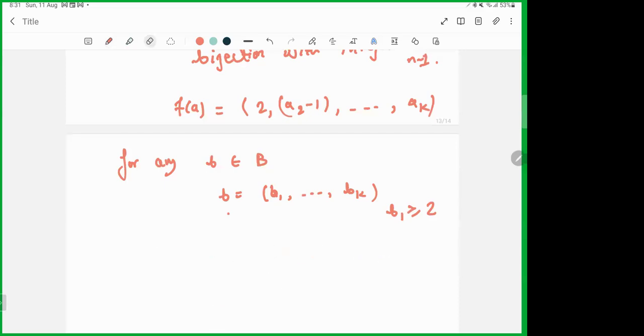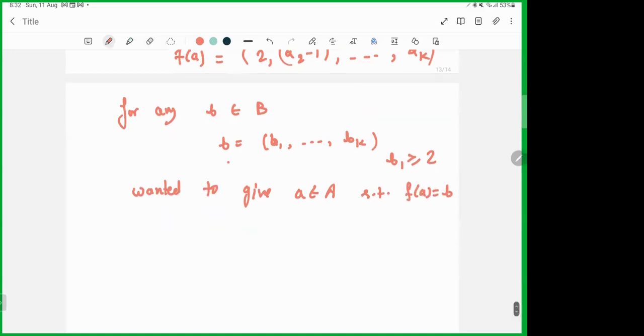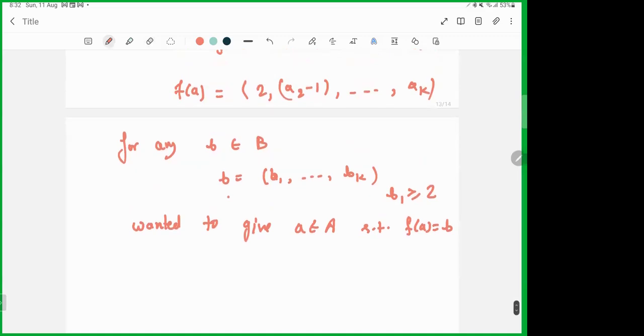So I have to give some A of the form such that f of A is B. I want to give an A belonging to A such that f of A is B. So how will you construct such an A?